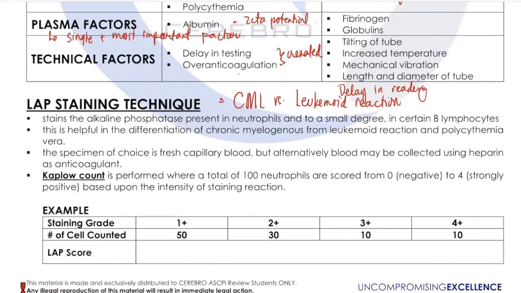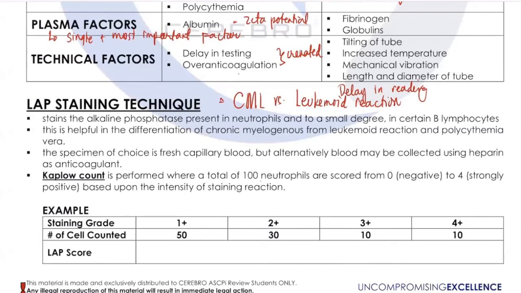The specimen of choice here is fresh capillary blood, but alternatively, we could make use of blood collected using heparin as an anticoagulant. The procedure involved here is the Kaplow count, wherein we are counting 100 neutrophils.